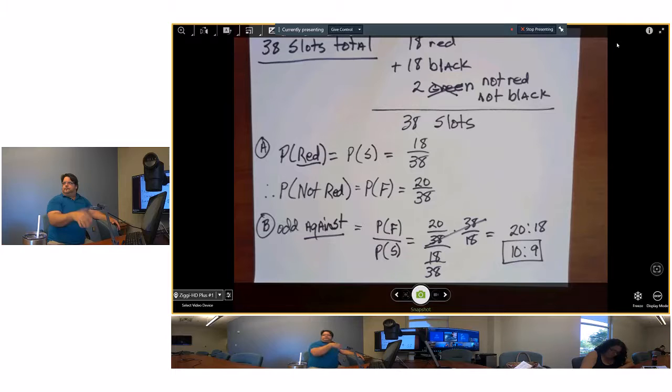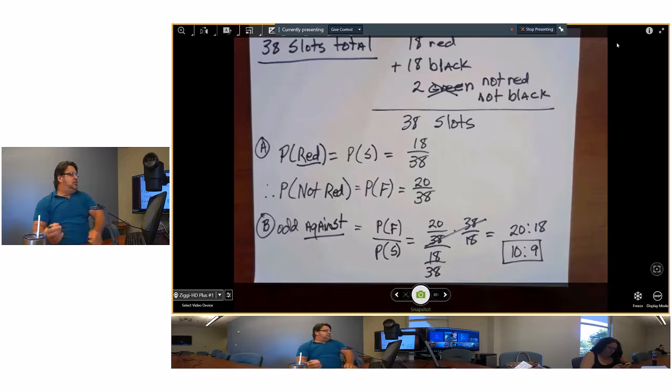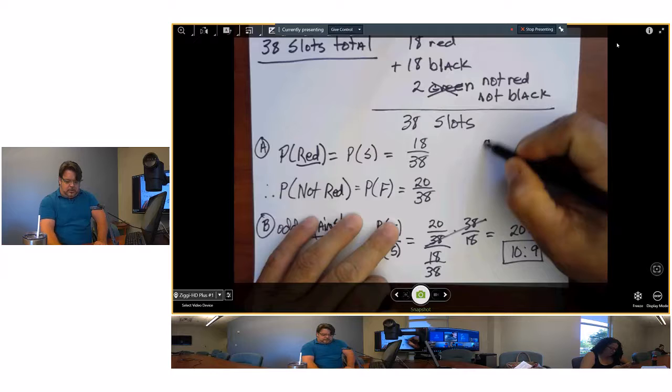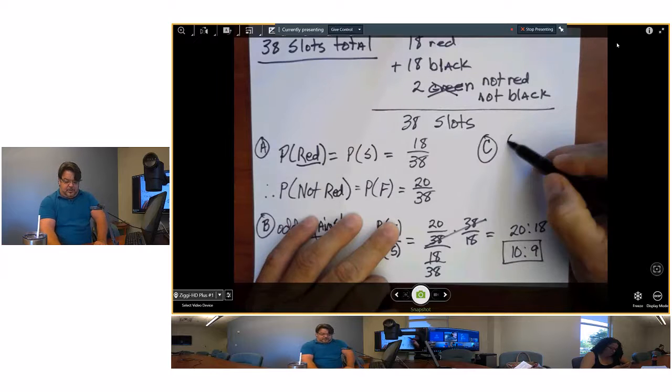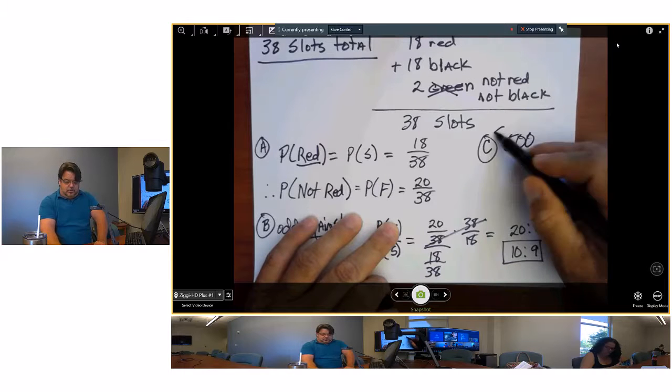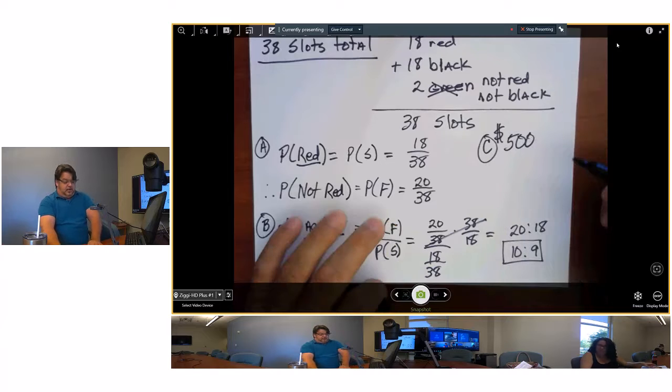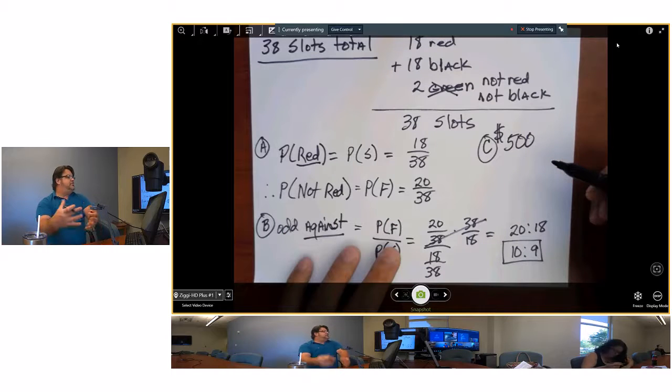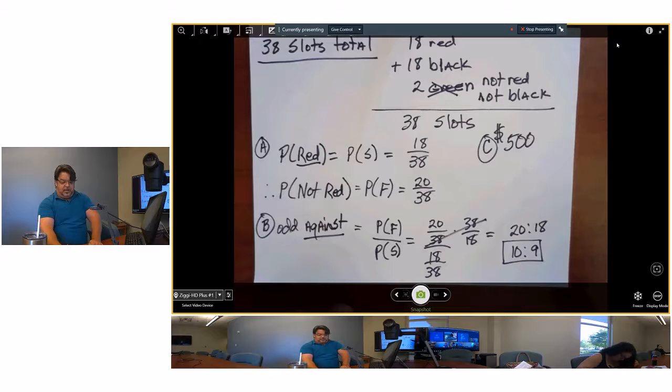So where did the 10 and 9 come from? Reduce 20 to 18. Okay. Now, C, if I gave you a test question, would be if you bet $500 and you hit a red space, what would you take home?